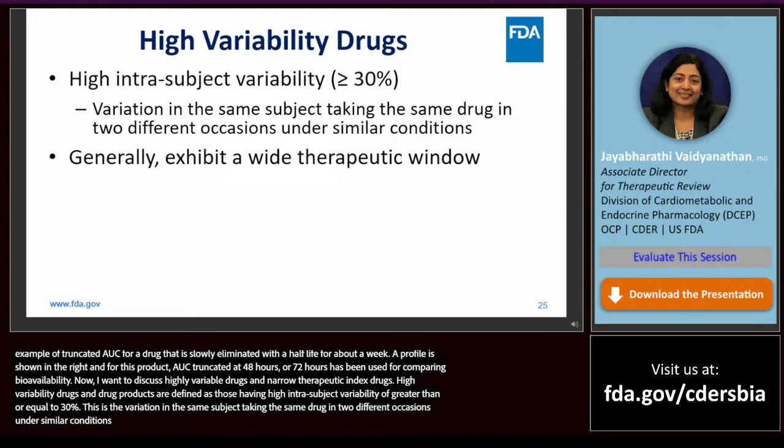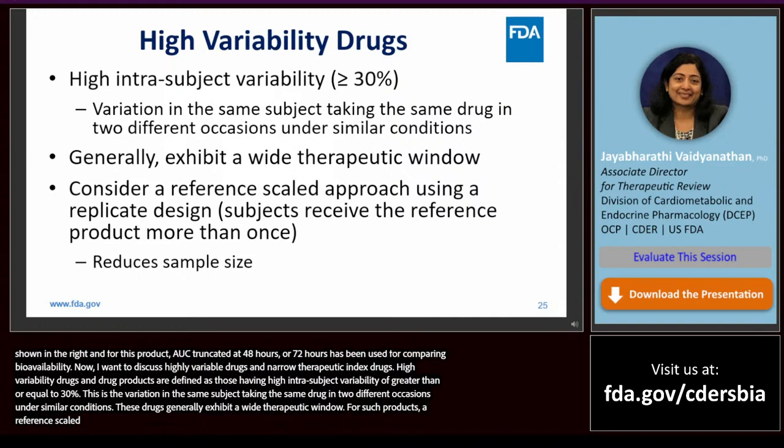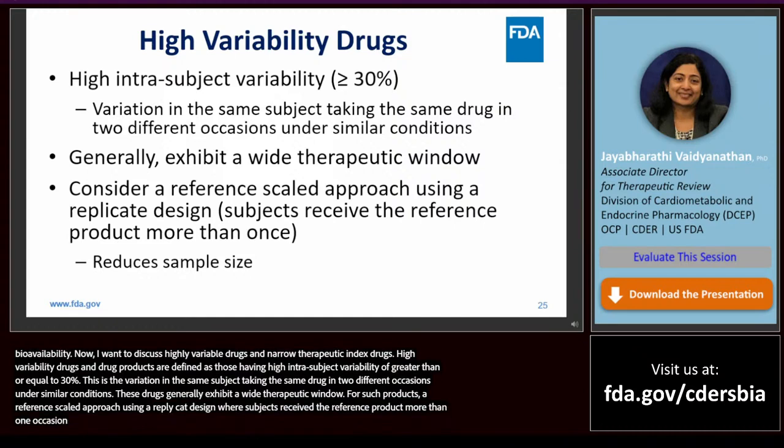And these drugs generally exhibit a wide therapeutic window. For such products, a reference-scaled approach using a replicate design where subjects receive the reference product on more than one occasion can be considered. And this approach reduces the sample size required for the study.